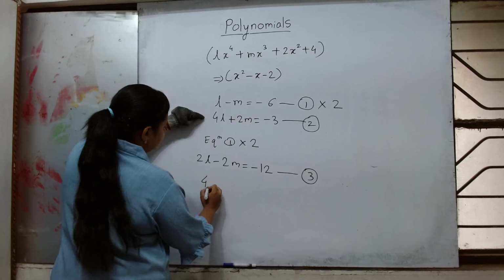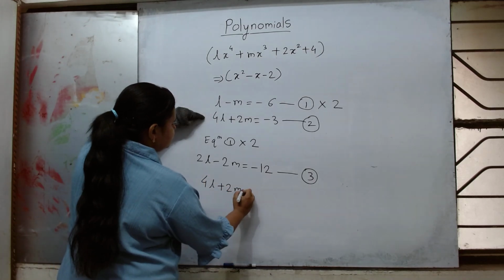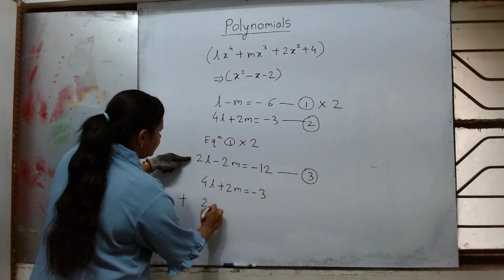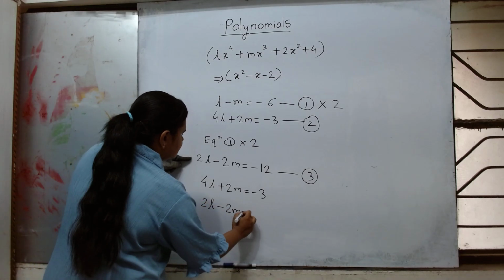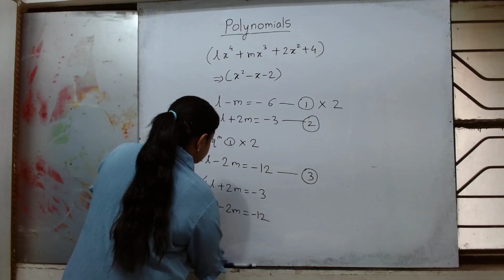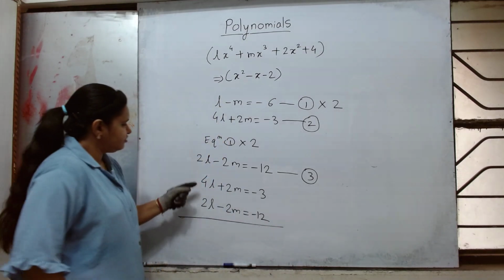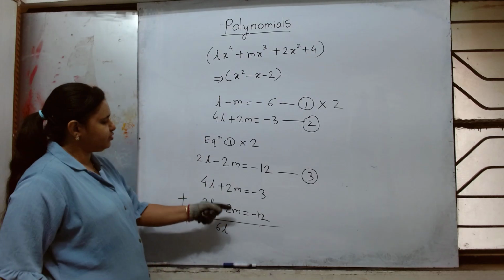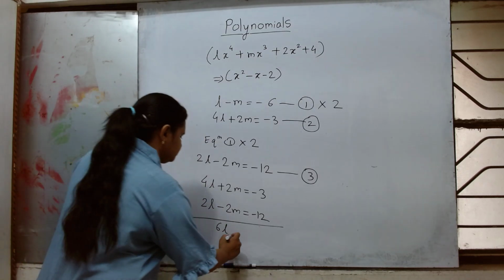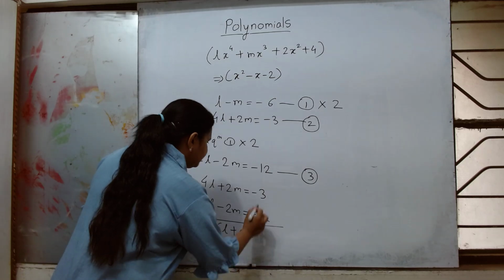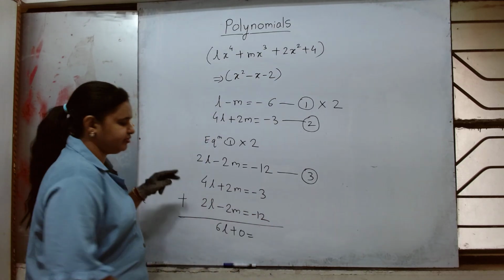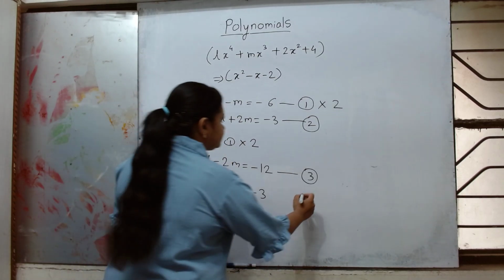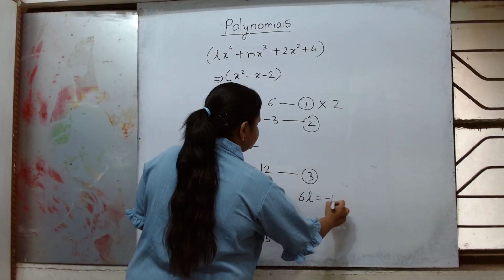What we will get? 4L plus 2m equals minus 3, plus 2L minus 2m equals minus 12. Now 4L plus 2L will be 6L, and plus 2m minus 2m will be 0. And minus 3 minus 12 will be minus 15. So 6L equals minus 15.